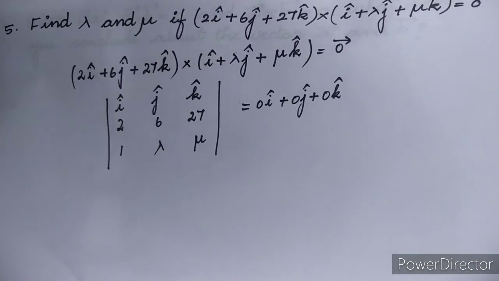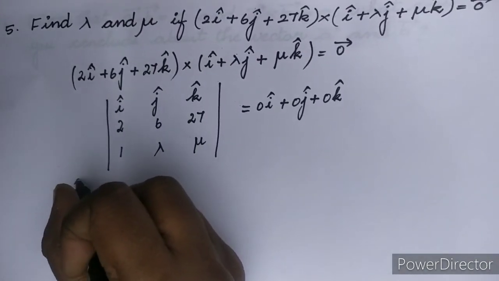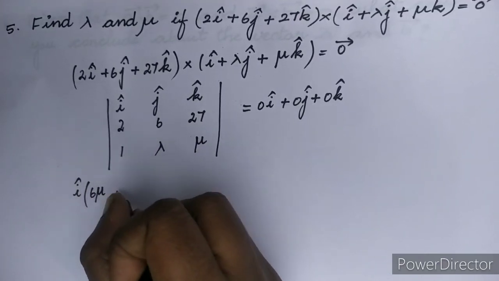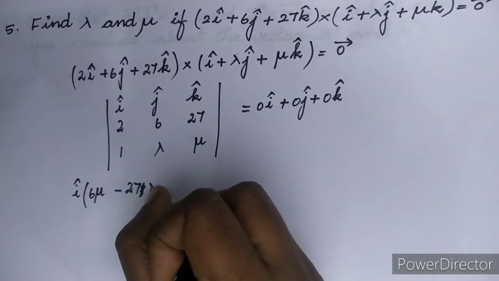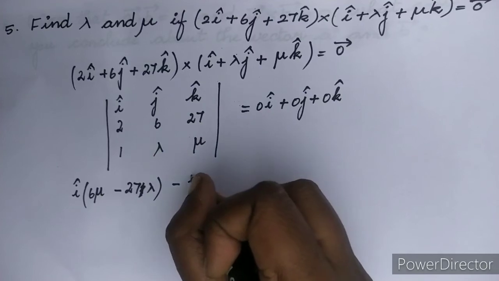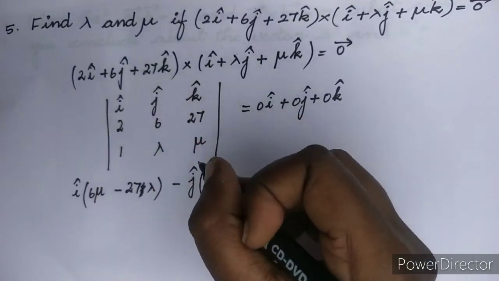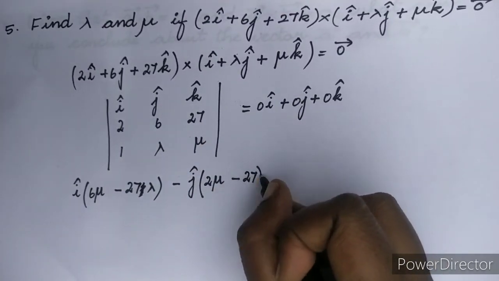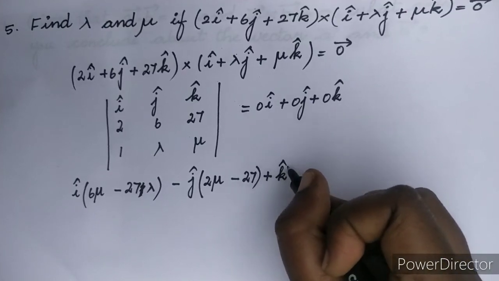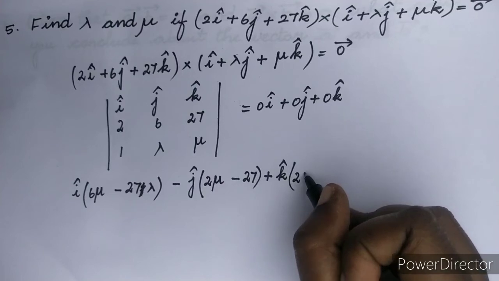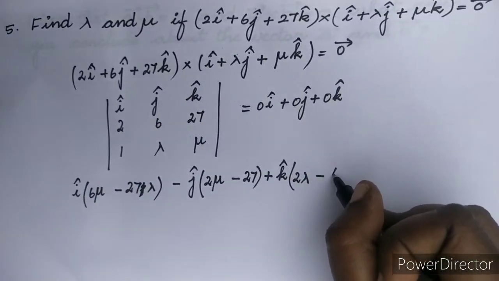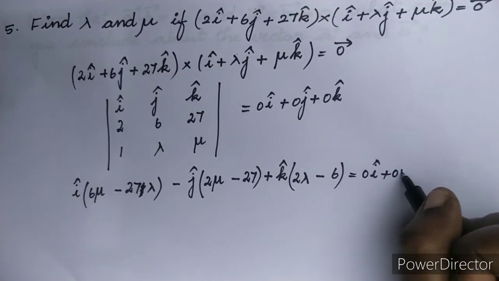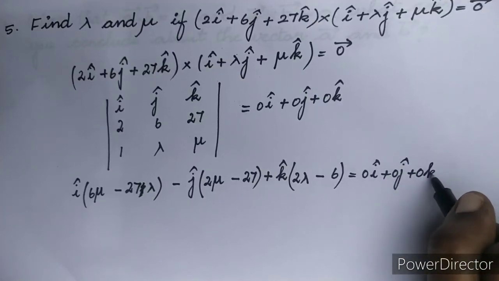So we'll get i cap into 6 into mu is 6 mu minus 27 into lambda is 27 lambda, minus j cap into 2 into mu 2 mu minus 1 into 27, plus k cap into again 2 into lambda 2 lambda minus 1 into 6, which is equal to 0 i cap plus 0 j cap plus 0 k cap.